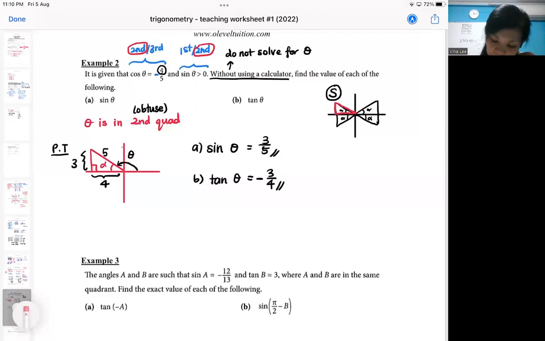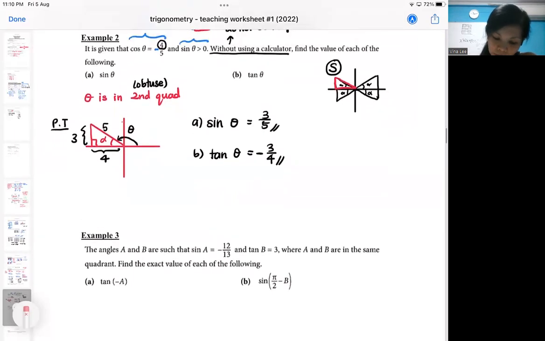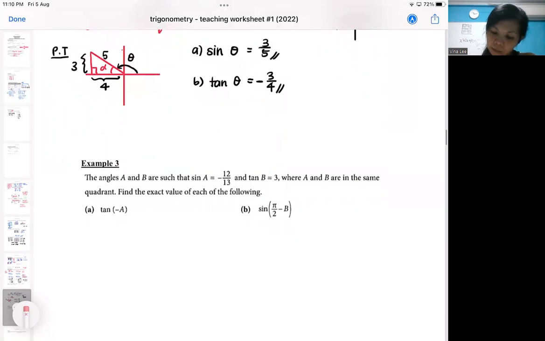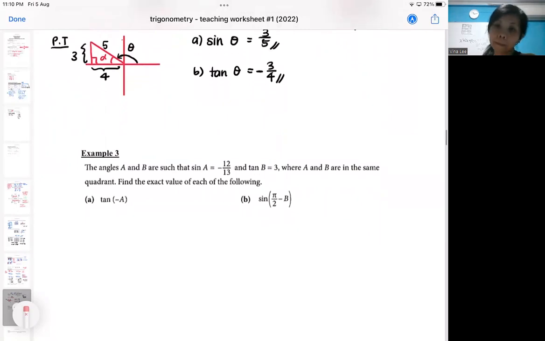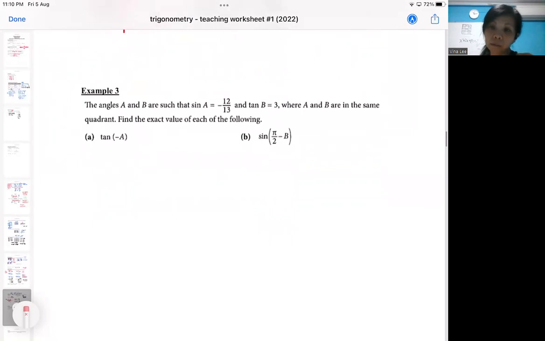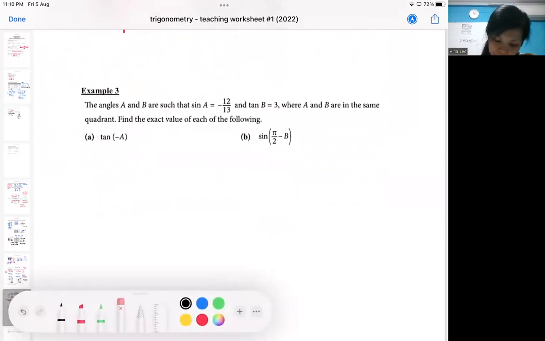Okay, so we can extend it to something like this. In this question, they say A and B are in the same quadrant. Sometimes they may not be in the same quadrant, so you have to decide which quadrant they are talking about first.